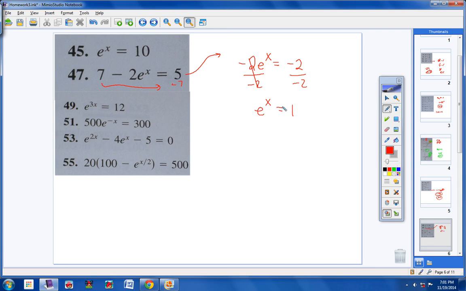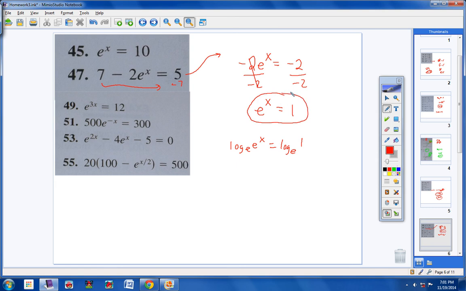Now, students, think about it. You can do this the long way if you want to, by taking a log base e of both sides. That's fine, okay? But there's really no need to, because look at your problem here.